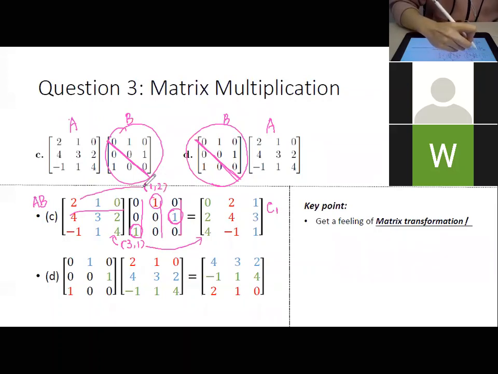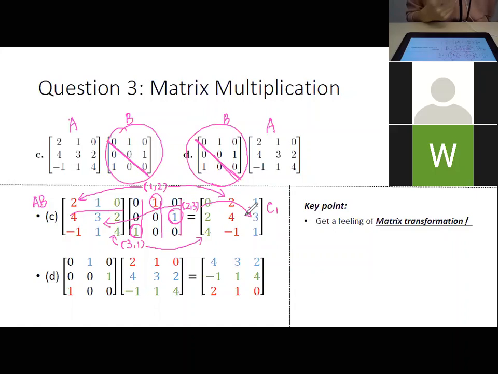We can see that the first column of matrix A becomes the second column of matrix C1. And last, we go to the blue element 1. It's at the position 2, 3. We can see that it changed the second column of matrix A to the third column of matrix C1.